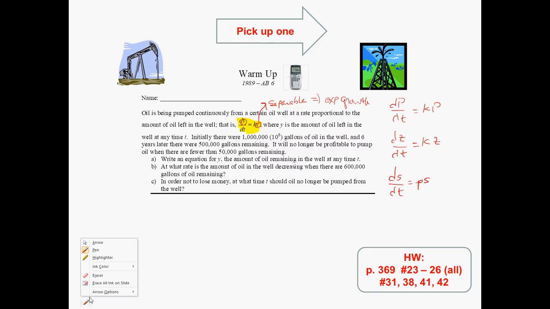Anytime you see a differential equation where the variable on the left side that you're taking the derivative of, which is the dependent variable, is over on the right side of an equation, that is separable, and you have to separate before you integrate.